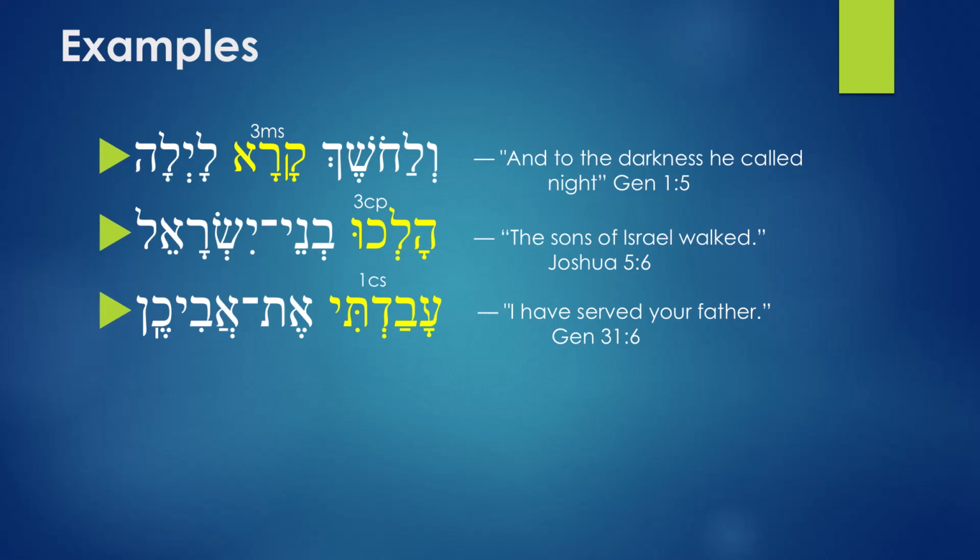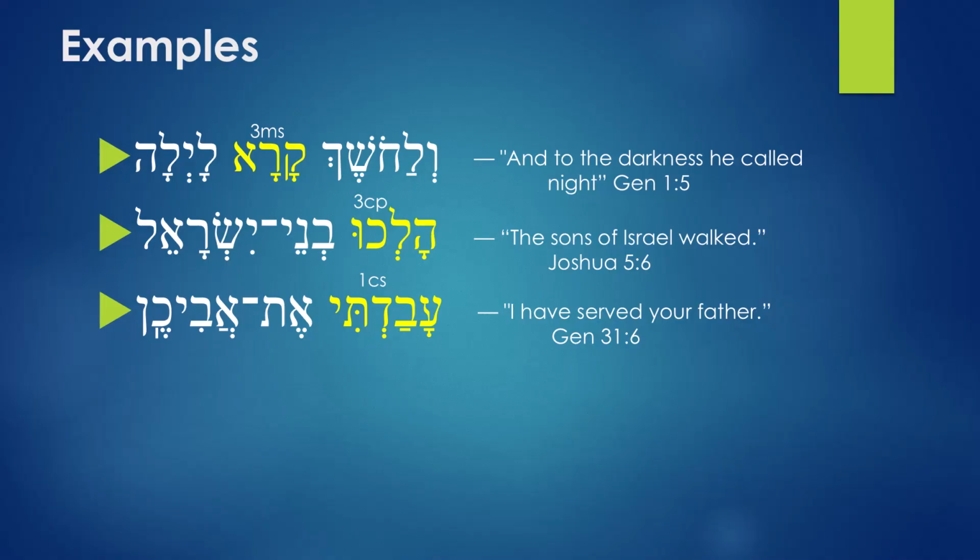First, it has the conjunction wa, which means and. Then you have the preposition le, which is pointed as la. And now you're wondering, why is it pointed as la? It's pointed as la because it has swallowed up the definite article. That patach is coming from the definite article. We've already covered this on prepositions.